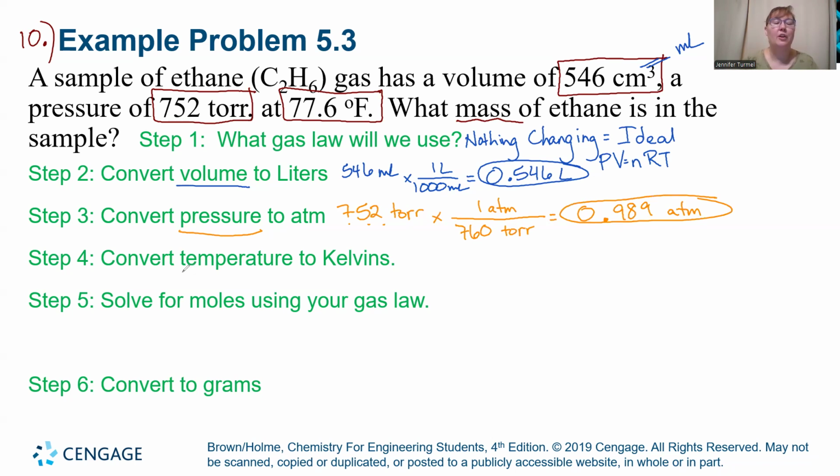And now we need to convert our temperature to kelvins, and this is going to be a little bit of a longer process. So just as a review from chapter 1, and also this is on the back of your periodic table with your ion list, we have to convert from Fahrenheit to Celsius, and we are currently in Fahrenheit, so let's go to Celsius.